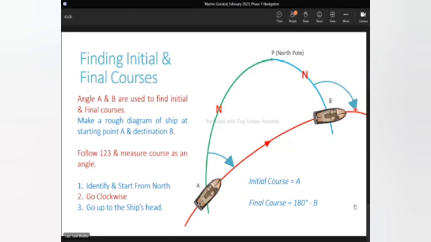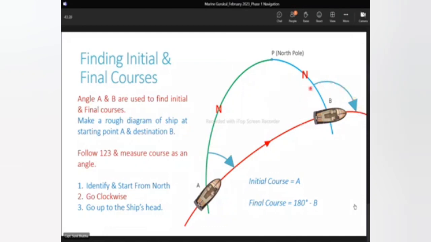Now this stands true in case of a great circle track also. So if you are at point B and you measure the angle from the direction of A up to the direction in which the ship is heading, this total angle will be 180 degrees.